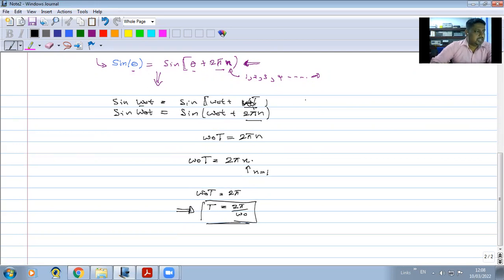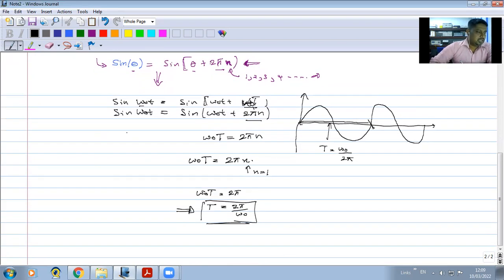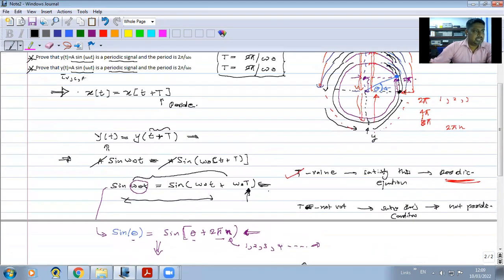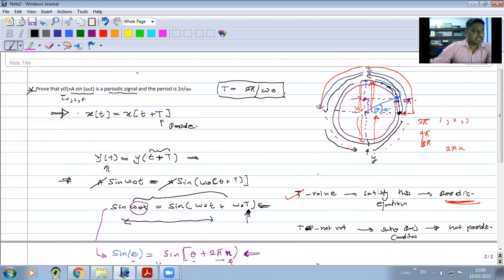Okay, so you can see that if we draw the sine signal, it is like this. Actually, this is the T value, and it is equal to 2 pi by omega naught. So actually you can understand this result, it is an additional thing, using this circle, the basic circle.